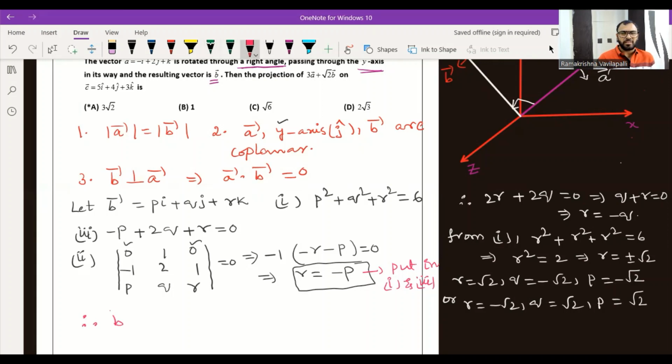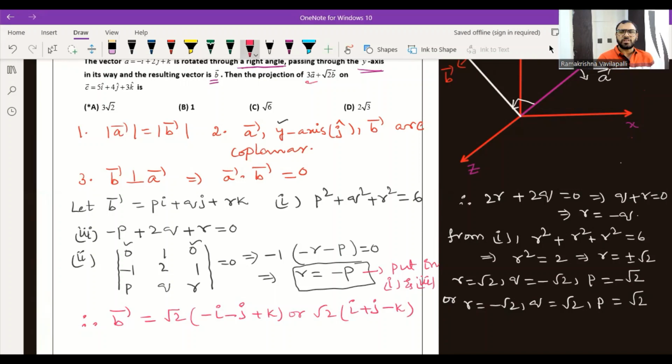B bar vector equals, if you take p equal to minus root 2, I can take root 2 common. So minus i minus j plus k, or root 2 into, you can write i plus j minus k. Anyway, these two are parallel.